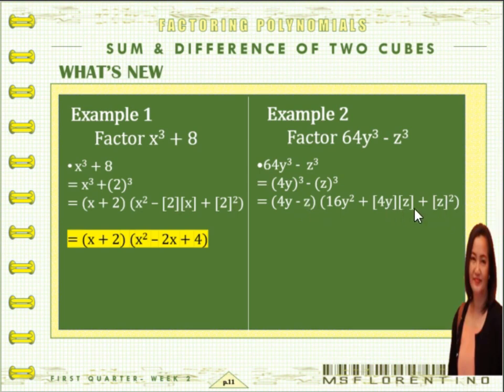To get the middle term, multiply the first and the second term of the binomial factor, 4y times z, and that will be 4yz. Therefore, our factors for 64y cubed minus z cubed are 4y minus z times the trinomial 16y squared plus 4yz plus z squared.